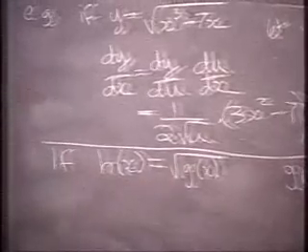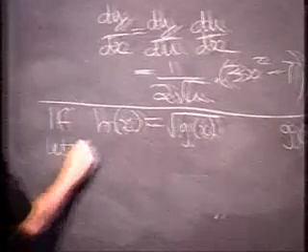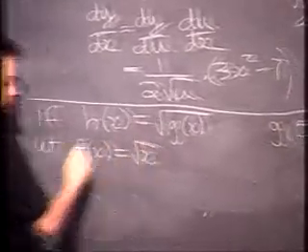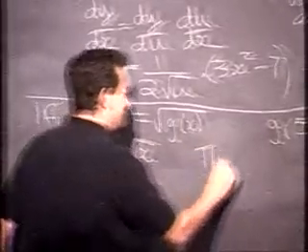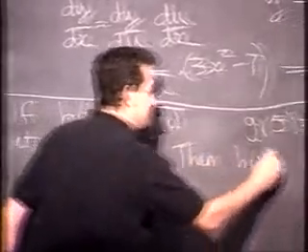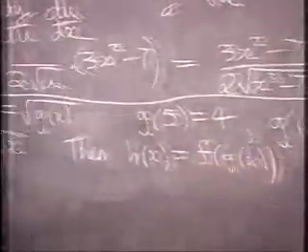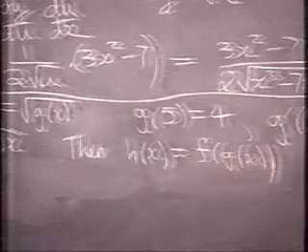But the correct way to do this, I think, in my mind, is to say, let f of x be the square root of x. See, that's the missing function, but it's really there in disguise. So then, h of x is actually equal to f of g of x. You take g of x, and then you hit it with f, and that makes a square root.